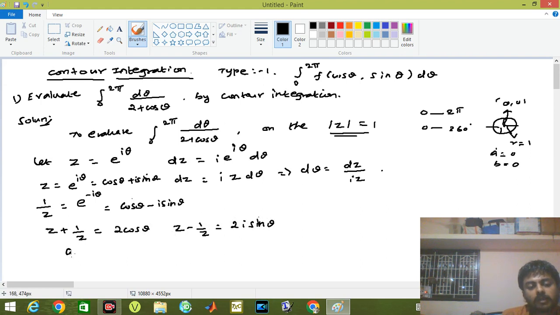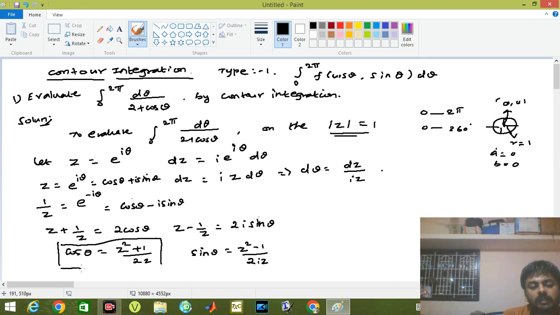So cos theta is z square plus 1 divided by 2z, and sin theta is z square minus 1 divided by 2iz.